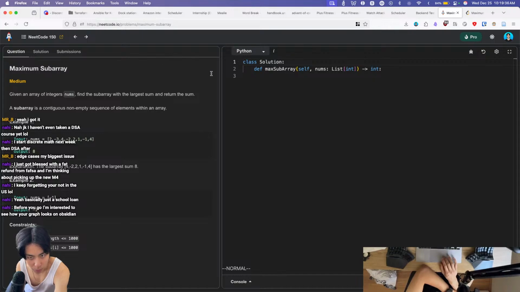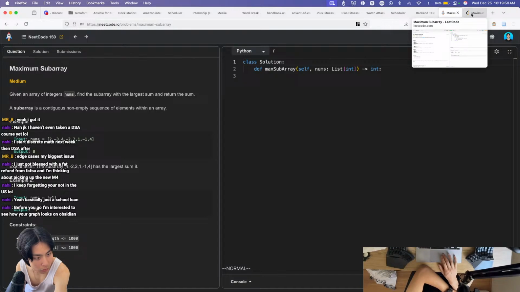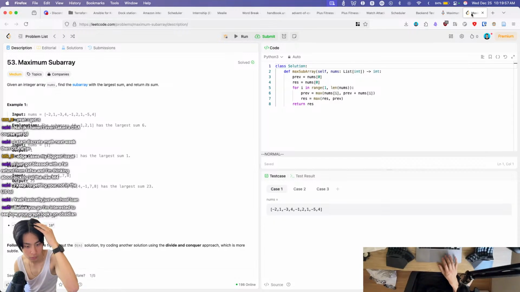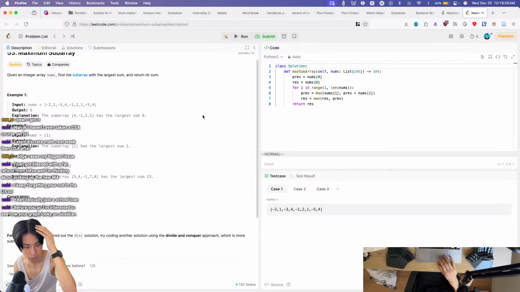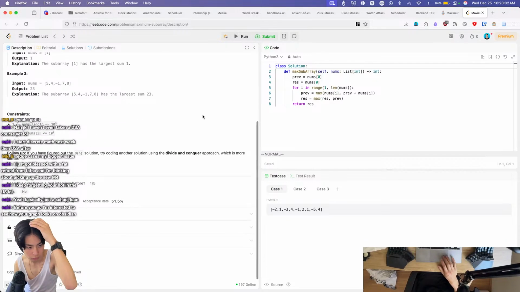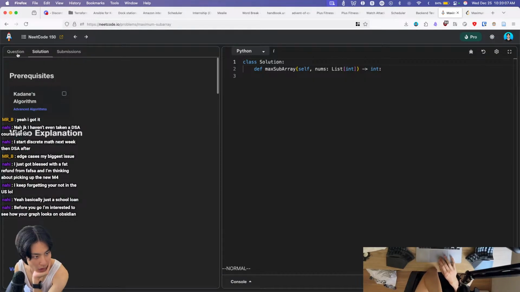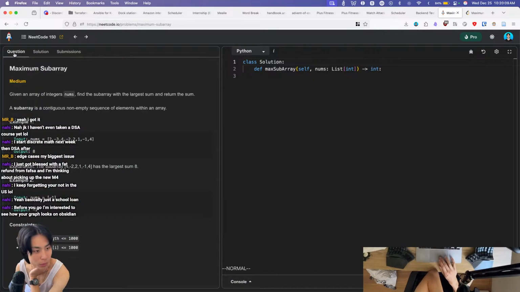So this problem is very interesting to me. Maximum subarray. It has to be the same. Kadane's algorithm.